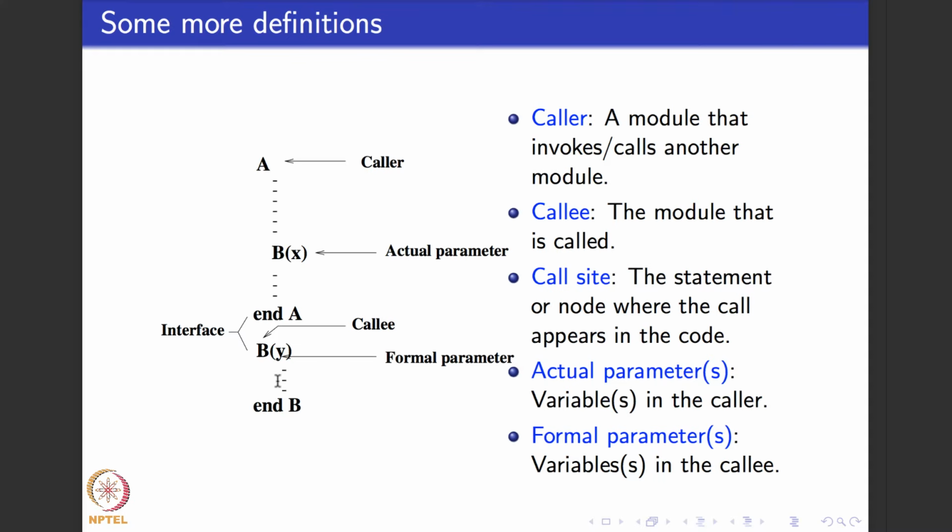But the goal for today is to test how A calls B and how B returns to A. So I focus on the parameters that are passed and returned, and the values that are defined and used around those parameters.